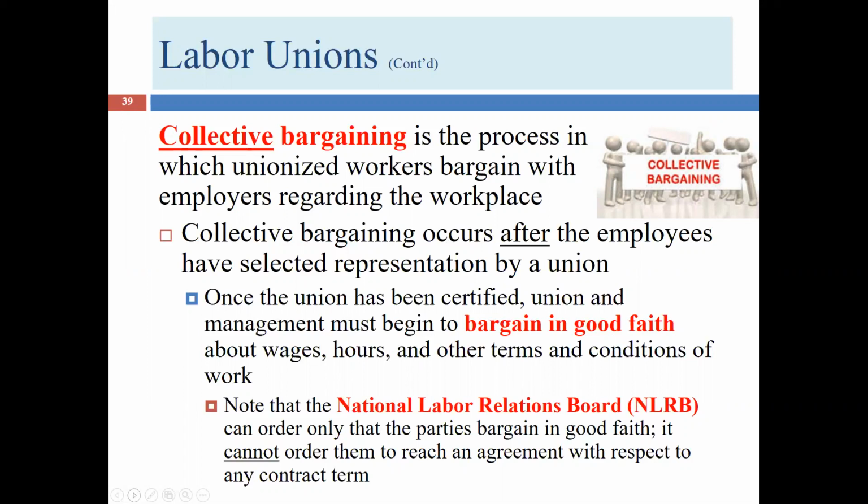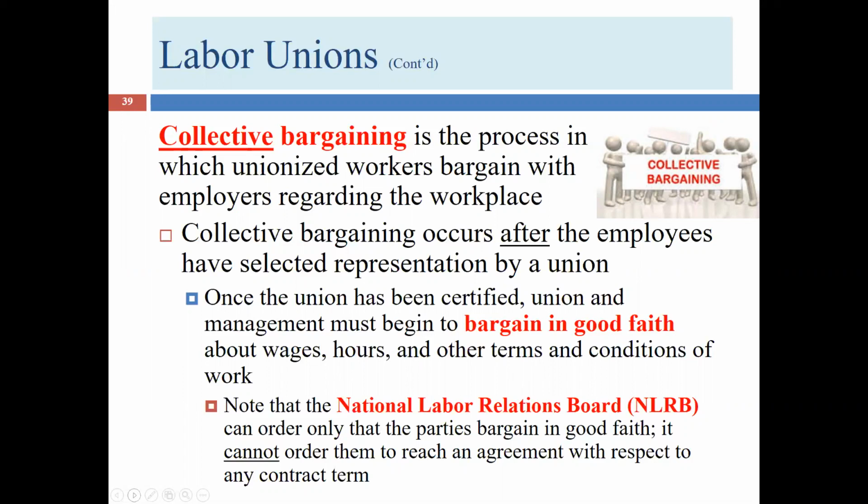There are campaign slogans, there are campaign posters, there are home visits by union members, there are speeches, there is mudslinging, there are promises being made, all the things that you would expect in an election.